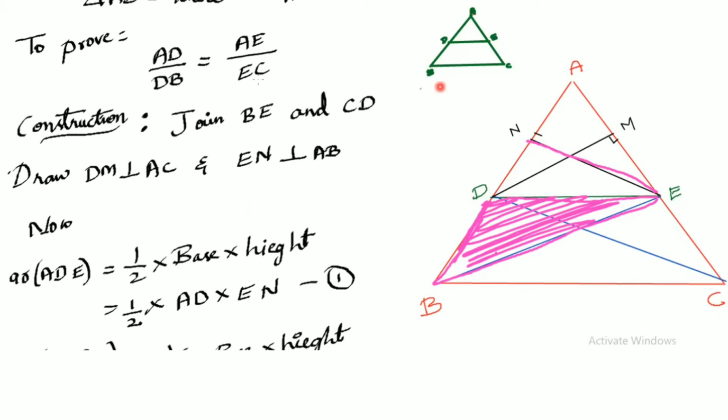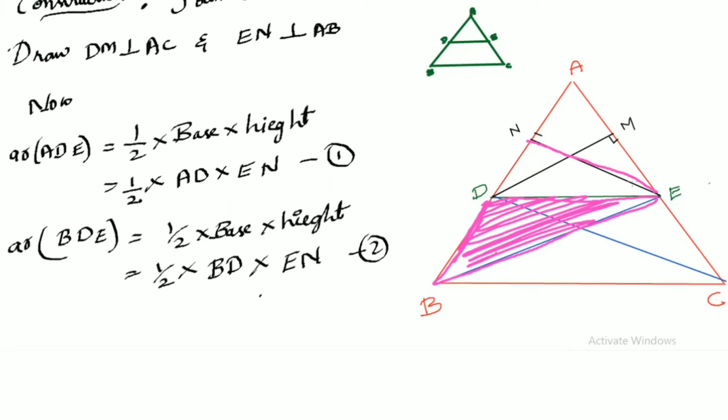We have to prove AD by BD, right? So if I divide equation 1 by equation 2, just by looking at this, you can tell EN gets cancelled, half gets cancelled, and we get AD by BD. Half of the work will be done, isn't it?